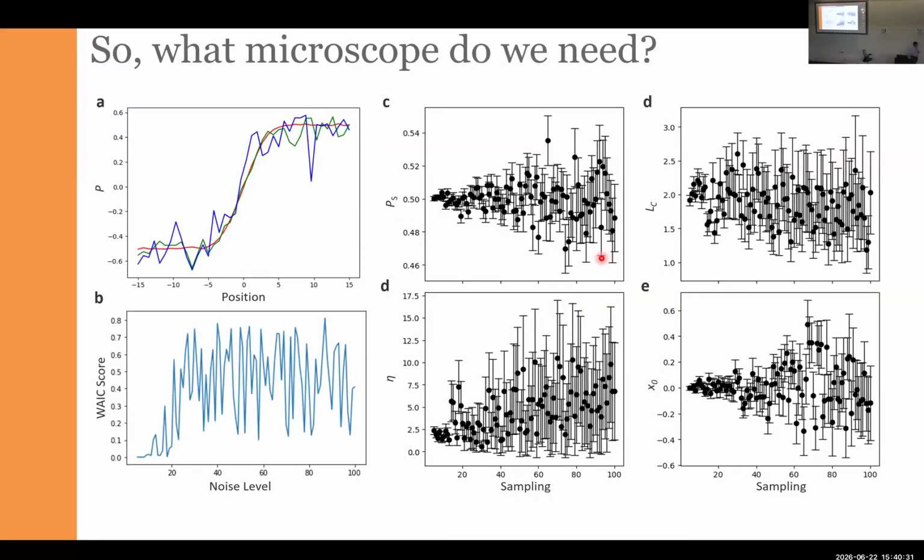And interestingly, once we start to experiment with this type of concept, we can also ask more subtle questions, which is what type of microscope do we need in order to perform this type of measurement? Microscopes have certain resolution limits. Microscopes have a certain noise level. And if we do this type of analysis carefully, we can estimate what level of microscopy we need to observe certain physical phenomena.